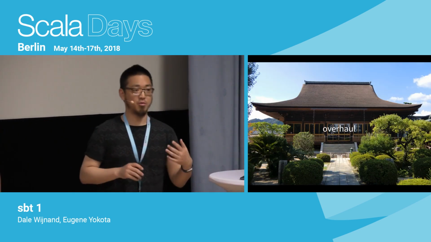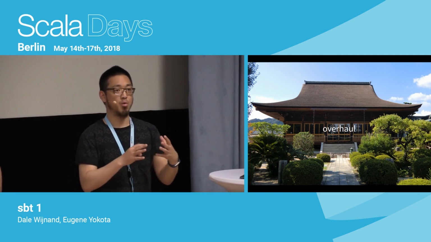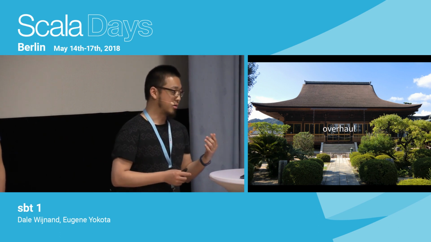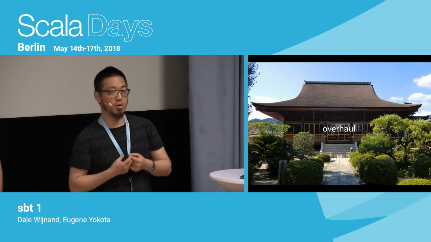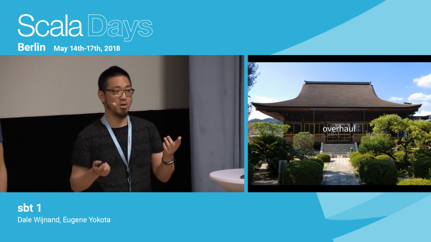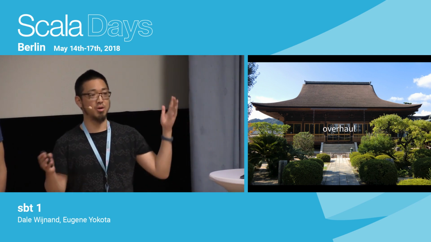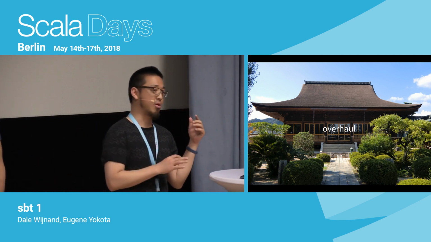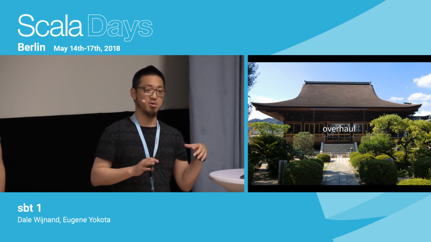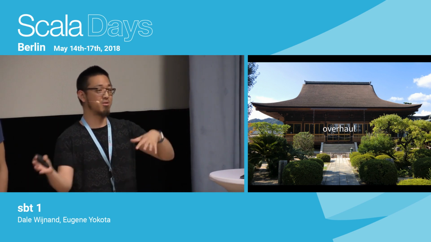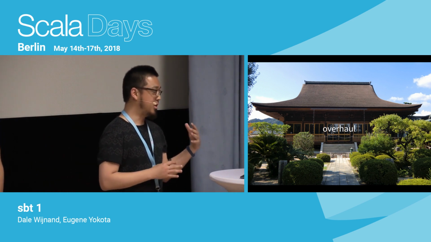So today I want to talk about what sbt 1 is compared to 0.13 basically. And the concept I want to talk about is overhauling. I'm not sure how many of you have been to Japan before, to Kyoto. If you go to Kyoto, oftentimes you see the shrines and temples under construction sometimes, and other times not.